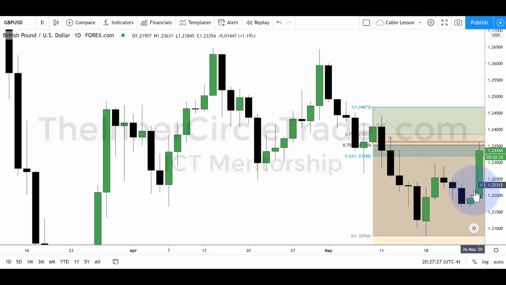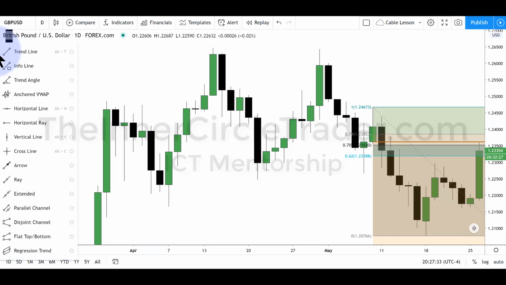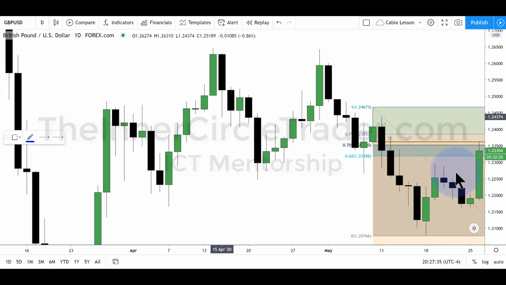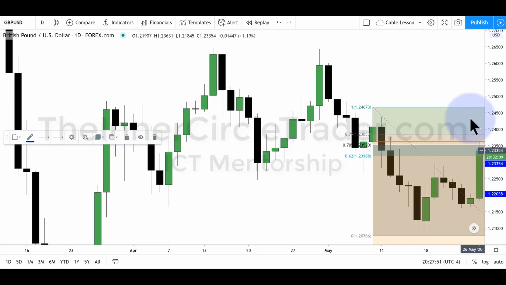So we have to go back to the previous day's high, right there, and the day that it closed, that is our premium end of our BISI.